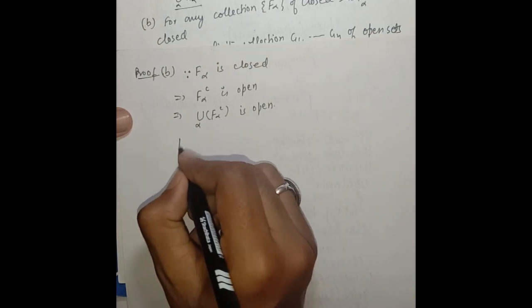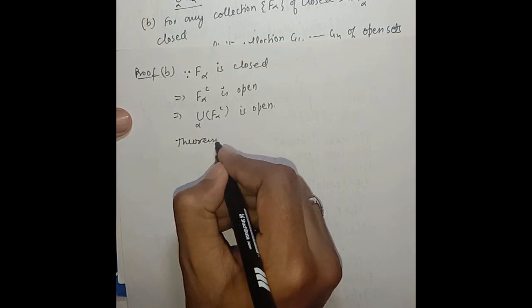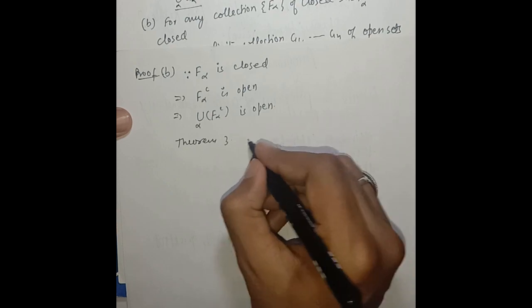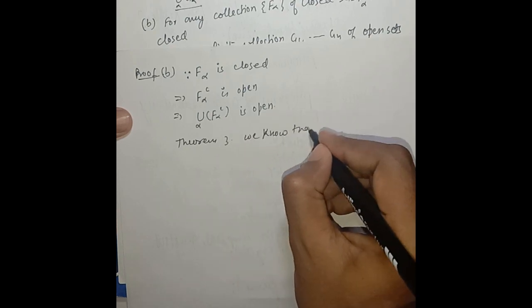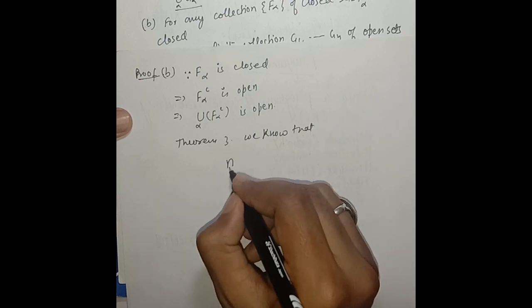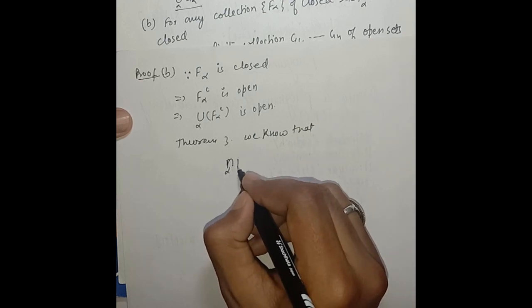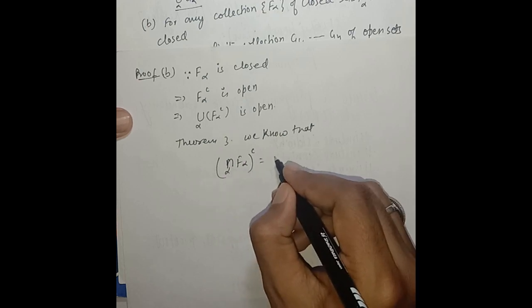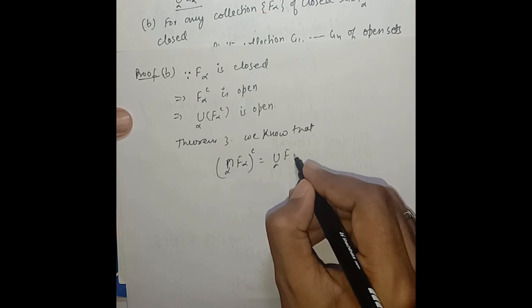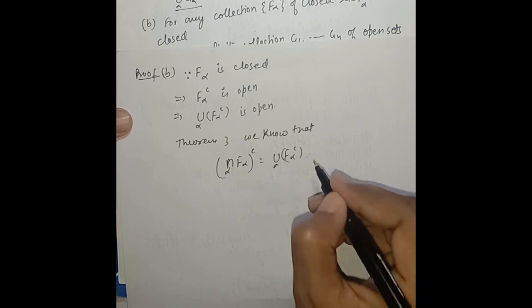And by theorem number 3 we know that the complement of the intersection of F alpha is equal to the union of the complements of F alpha.